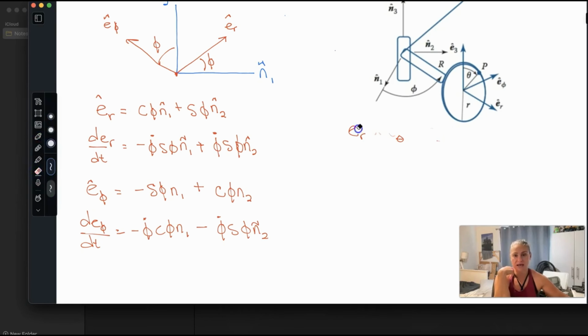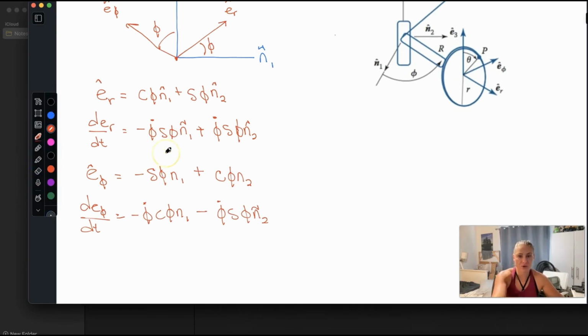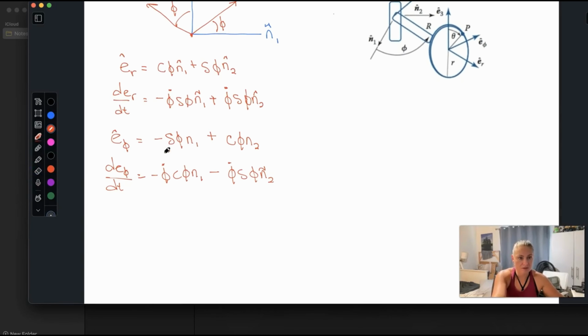Now let's do this. I'm just going to draw a little picture here and show you where I'm coming from. If this is X and Y and you have some point P, and you draw a position vector to P, this is your position vector in your xy plane.